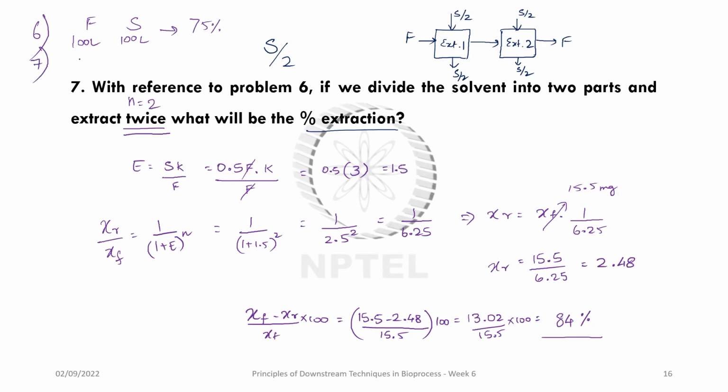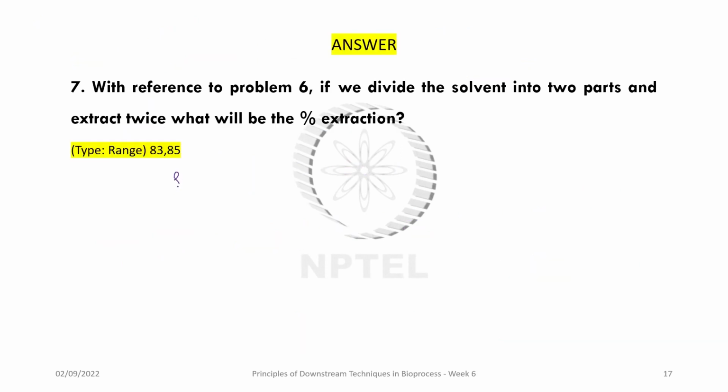Now in question 7, the same 100 liters of feed, you're using 50 liters first, and in the second stage you're using 50 liters, and what is the efficiency that you get? 84%. Yes, clear? Our answer is 84%. Shall I proceed to the next question?